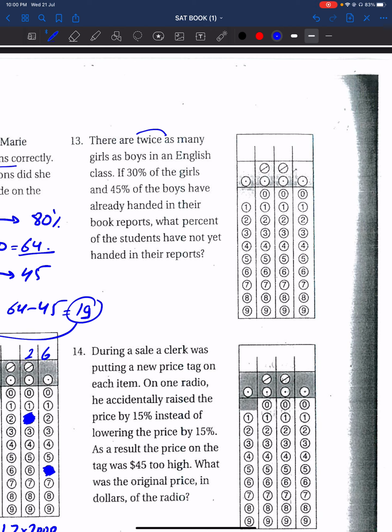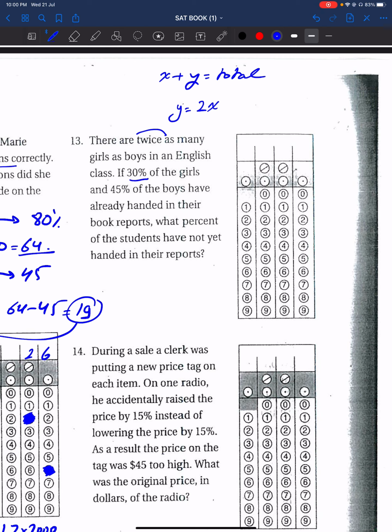So let's say the total is x plus y, where x is the number of boys and y is the number of girls. So y, which is girls, are twice as many as boys, so y is equal to 2x.